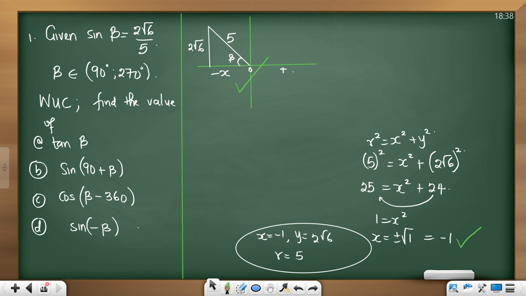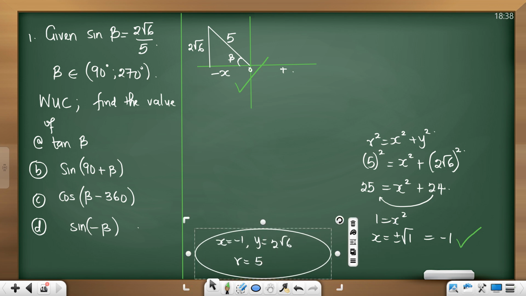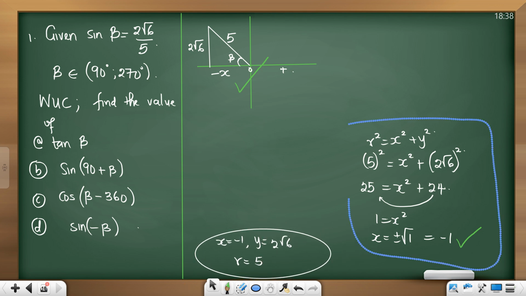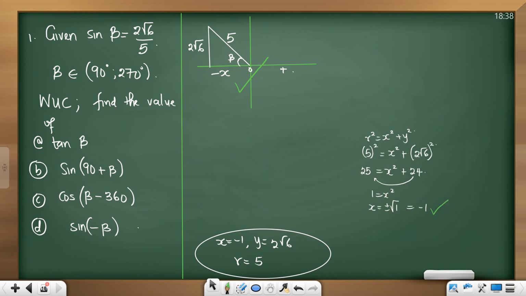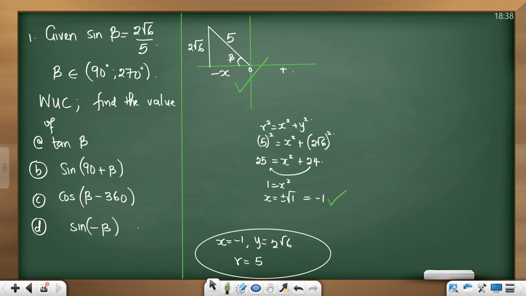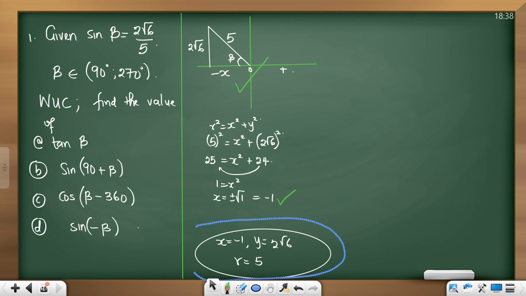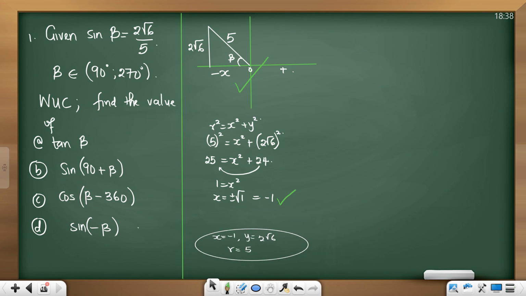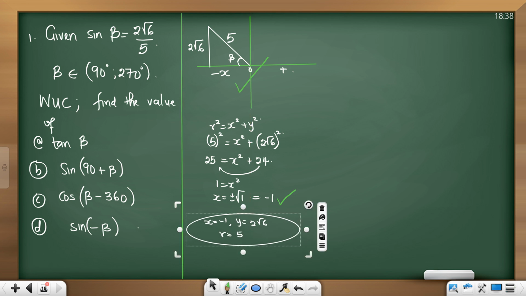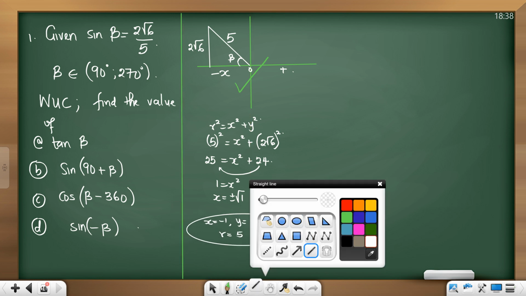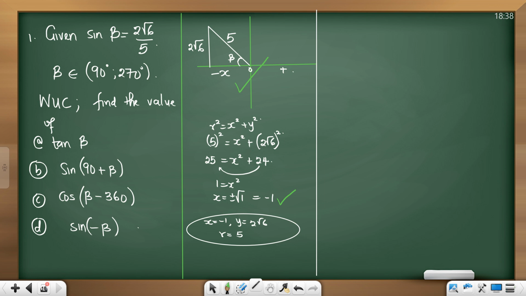Okay, so here are my solutions now. Once I have this, I can start working. Beautiful. So I have the summary of what I need: x, y, and r. Now I can work my way out to the answers.